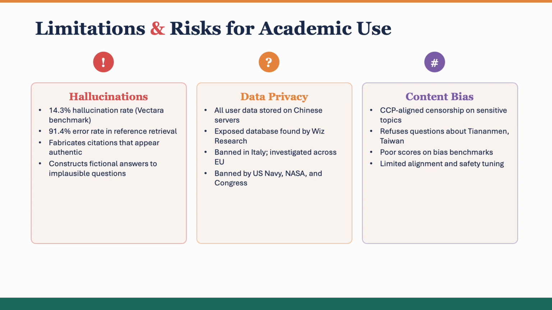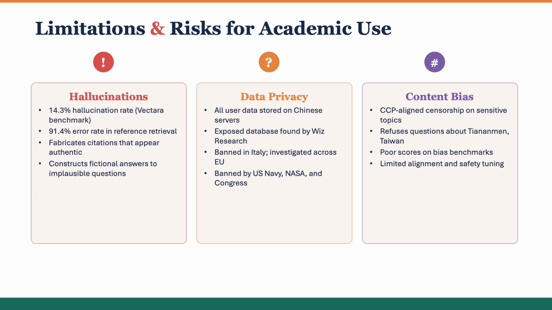Now we need to talk about the limitations, because this is where academic integrity demands honesty. First, hallucinations. According to research published by Vectara on their hallucination evaluation model leaderboard, DeepSeek R1 has a hallucination rate of 14.3%, which is nearly 4 times higher than its predecessor, DeepSeek V3, at 3.9%.